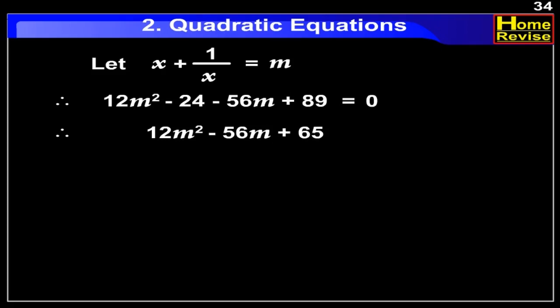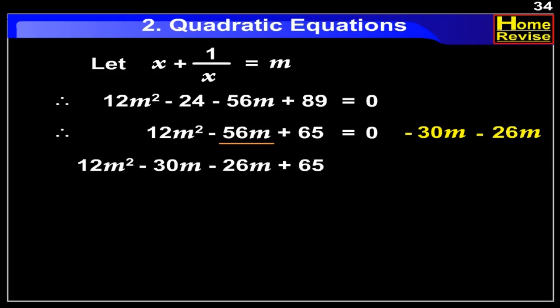Therefore, 12m² − 56m + 65 = 0. Splitting the middle term, we get 12m² − 30m − 26m + 65 = 0.